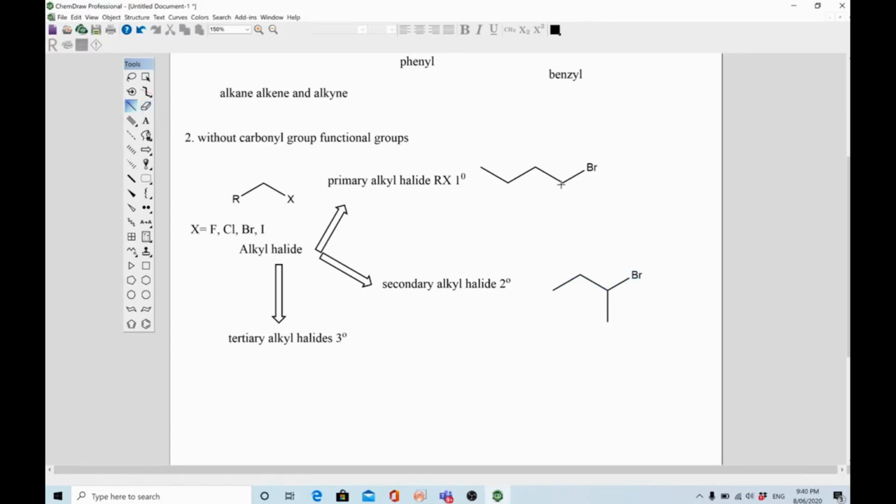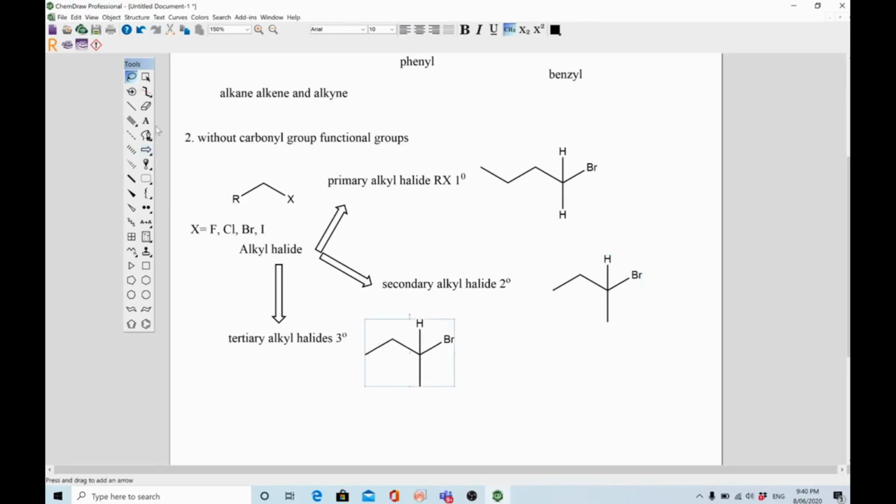Let me point out the hydrogen so you can see what I'm talking about. So this is primary because this carbon contains two hydrogens and a halogen. But if you look at this carbon, this contains only one hydrogen, so that's why we call it secondary alkyl halide.